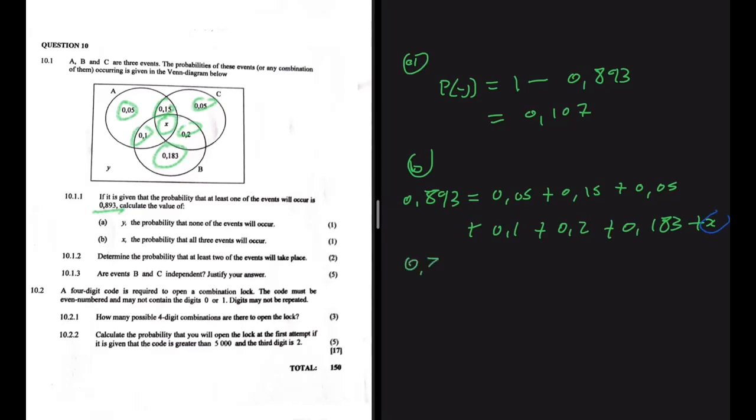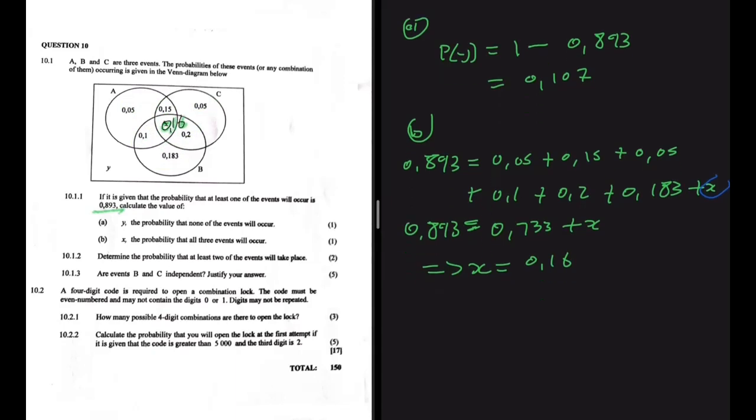So 0.893 will be equal to, let me just add all these probabilities, I'm getting 0.733 plus x. So consequently, x should be equal to 0.893 minus 0.733, which should be equal to 0.16. So now here at x, we have 0.16.